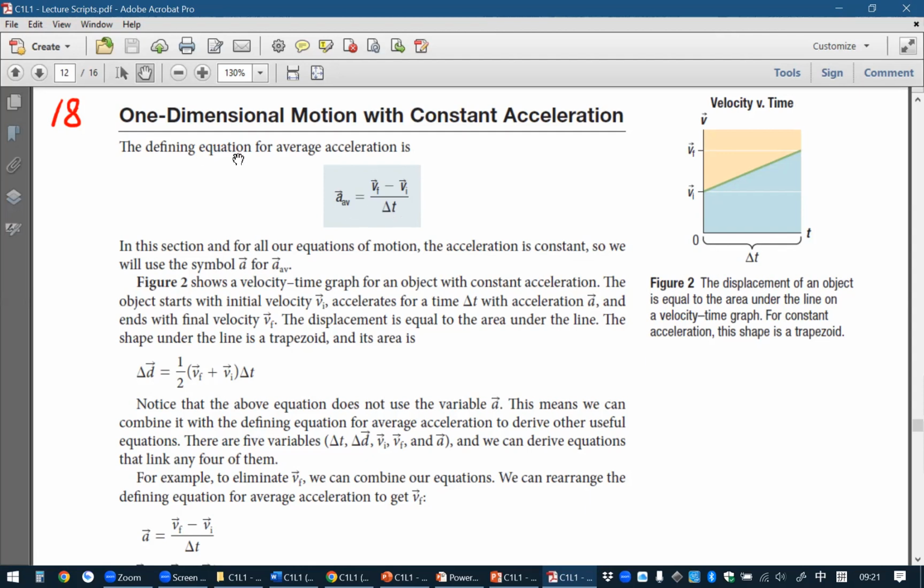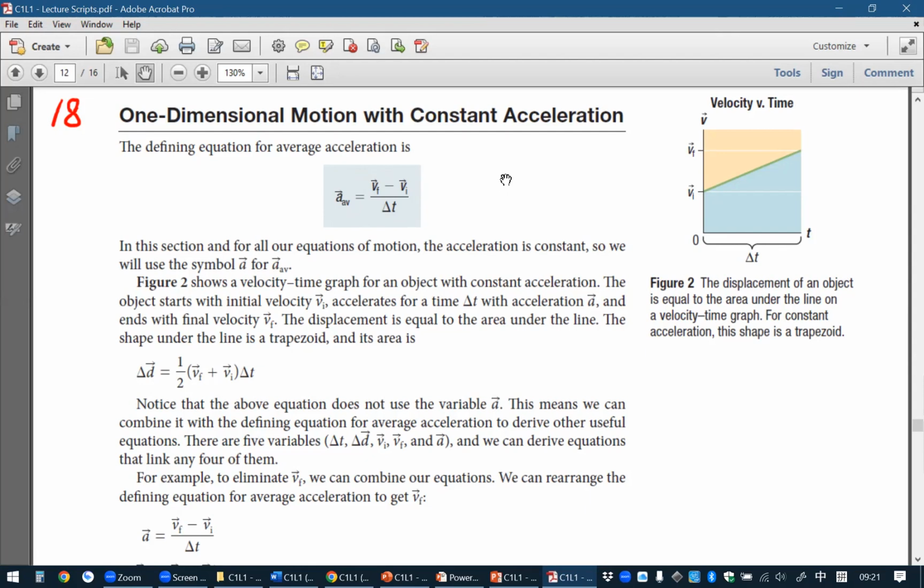So in the one-dimensional case, if your variable is a vector, that means it could be either positive or negative, right? There are only 2 directions in one-dimensional motion.